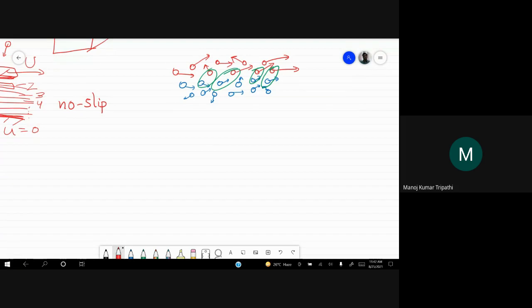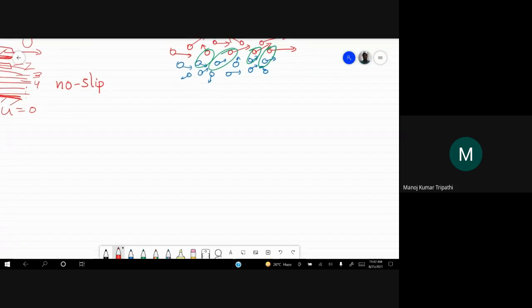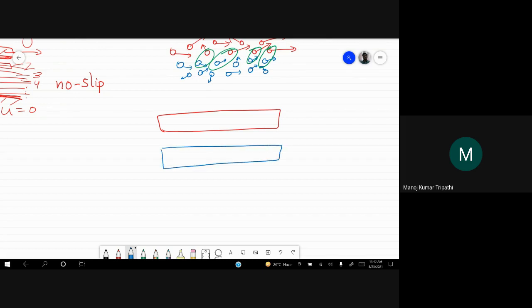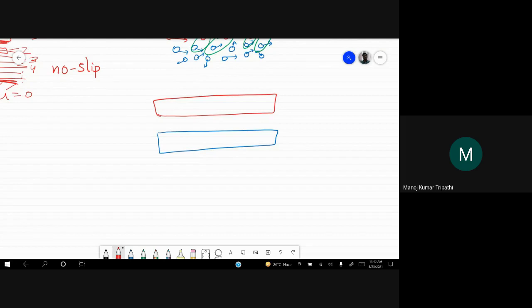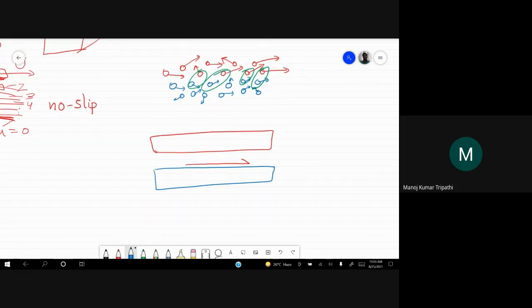Now, if we talk in terms of continuum, what it appears like in terms of layers, this is the top layer, this is the bottom layer. I have given some space between them to show the forces. Now the top layer is applying some force to the bottom layer. And the bottom layer in turn will apply an equal and opposite force to the top layer, which is happening even in the molecular picture.